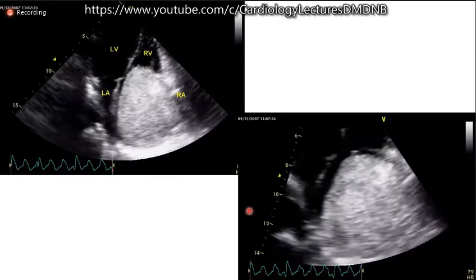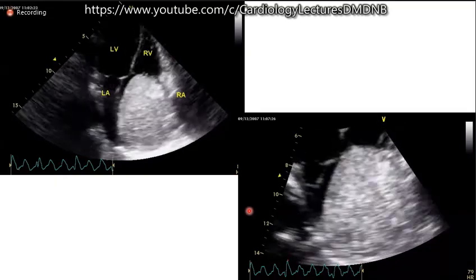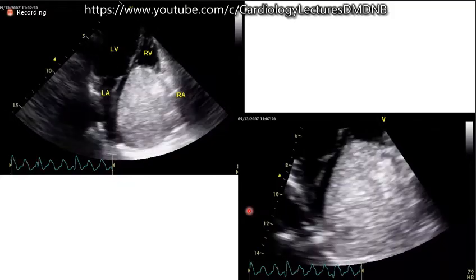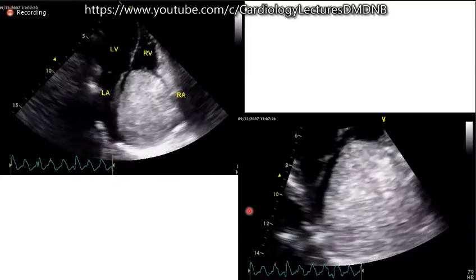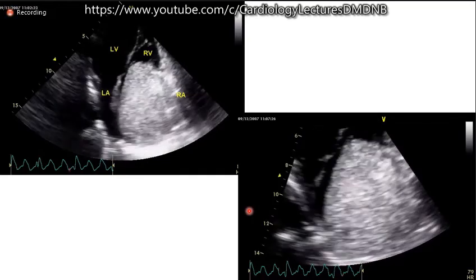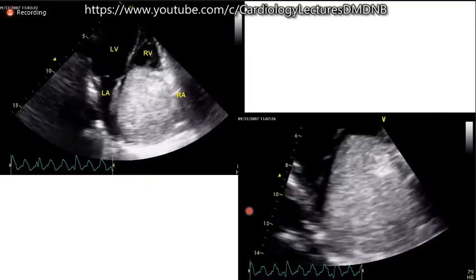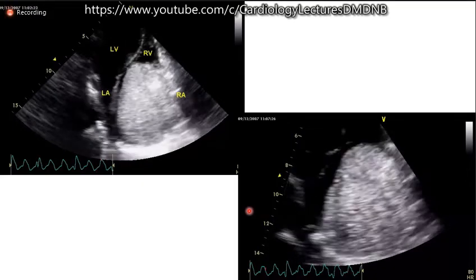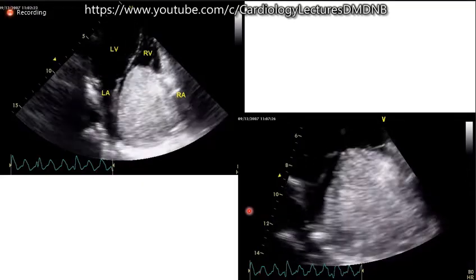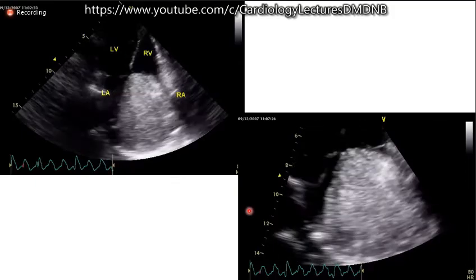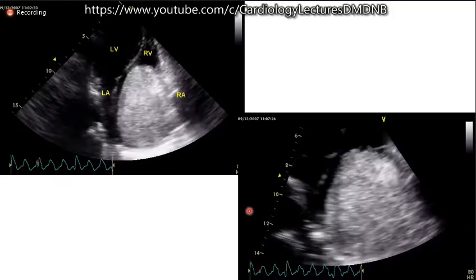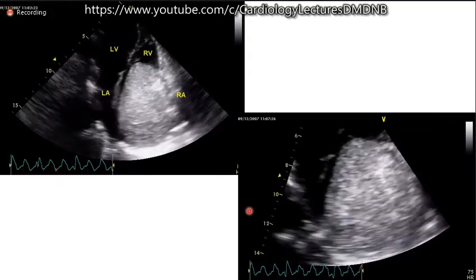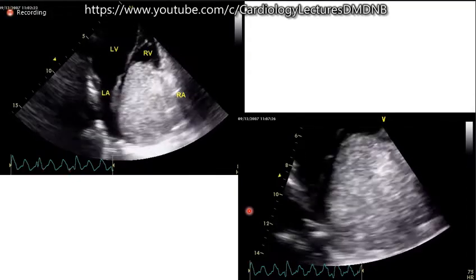So the JVP will be raised, and the patient may get pedal edema, ascites, hepatomegaly. Okay, I agree with you. The patient mostly presents with right heart failure, and since it is filling the right atrium, the jugular venous pressure will be significantly elevated. Right atrial pressure will be elevated. There is a diastolic murmur of the tricuspid valve.